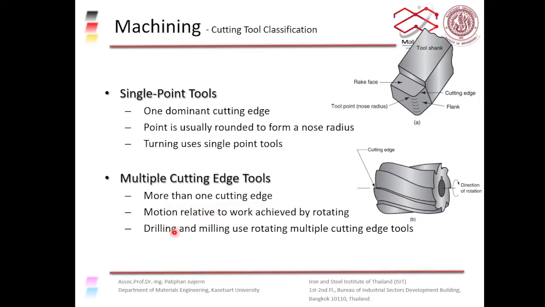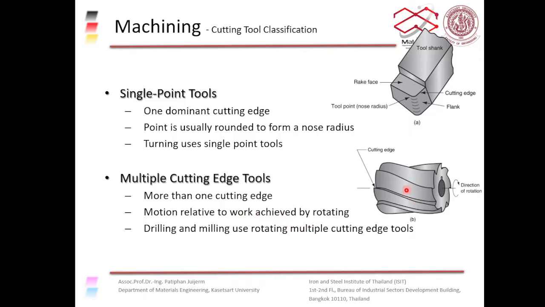The tools are rotated, so the motion relative to the workpiece is achieved by rotating. For the single point cutting tool, the tool doesn't rotate, but the workpiece rotates. But for multiple cutting edge tools, the workpiece doesn't rotate, but the tool itself rotates.